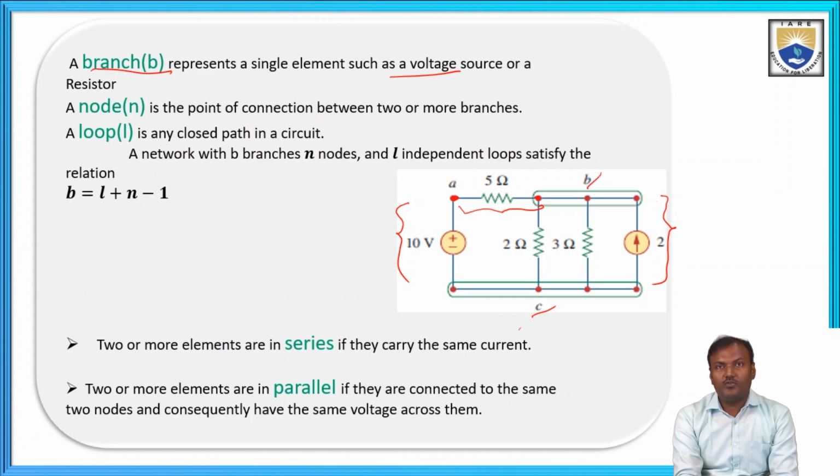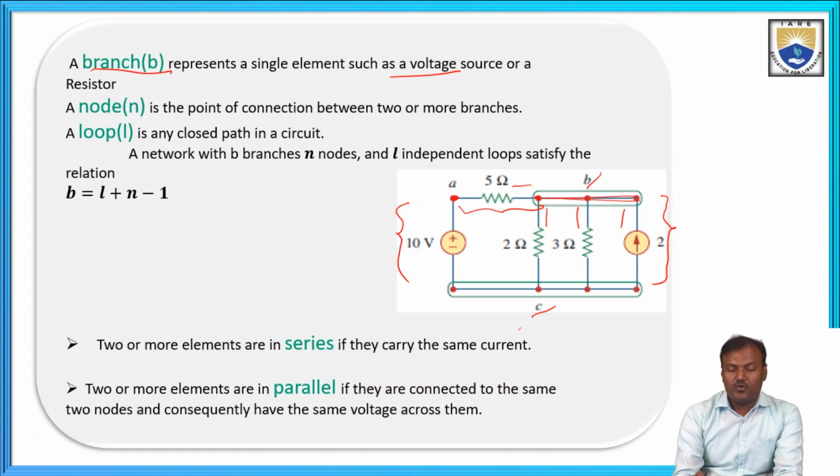Next one is a node. A node is the point of connection between two or more branches. Here at this point B, we have 1, 2, 3, and 4 elements. So the interconnection point of two or more branches is represented as a node, and a loop is a closed path. If we consider A, B, C, and then A, this is one closed path.